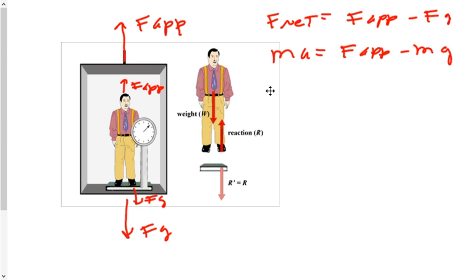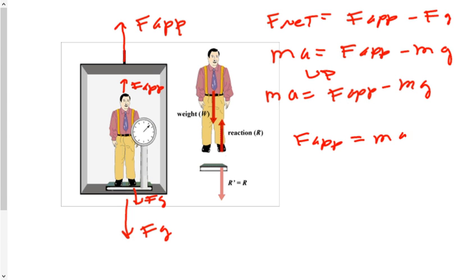Therefore I would have a positive term, ma, equals force applied minus mg. Let's call this one the up condition. This will get over to the other side, and then the force applied on him is going to equal ma plus mg.